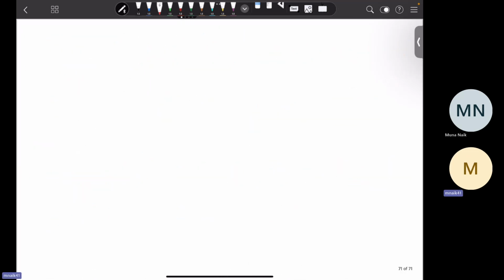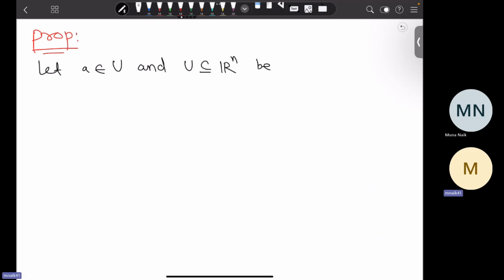Okay, so now let us prove a proposition. Let a belong to U, and U subset of R^n be open.